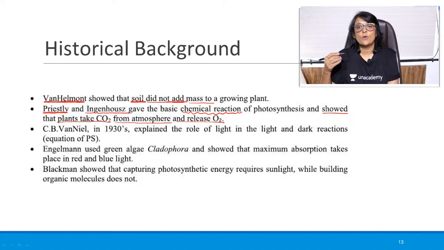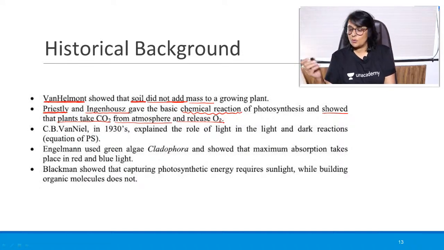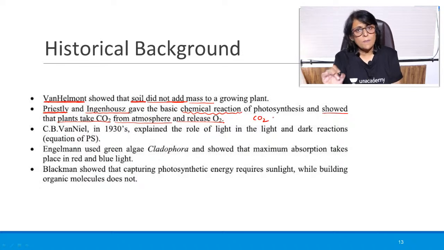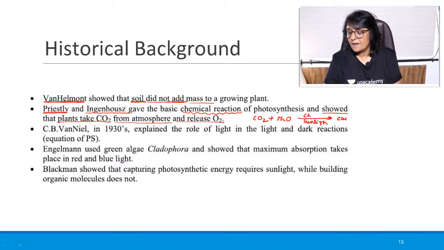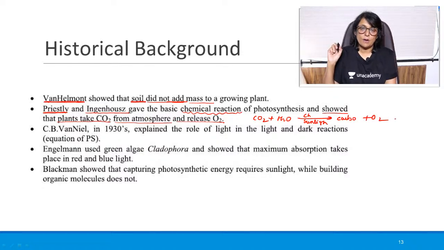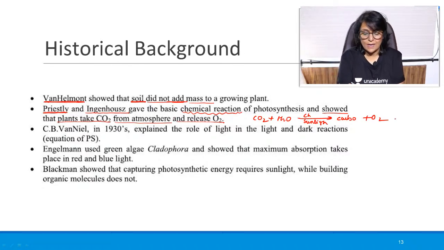CO2 plus H2O gives us C6H12O6 plus O2. That is basic, very basic. Carbon dioxide plus water in presence of chlorophyll and sunlight give us carbohydrate, and oxygen is given out as a byproduct. Now this reaction is not this simple. It is a complicated reaction. We will take that up later in the class.